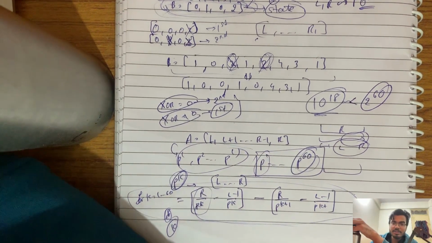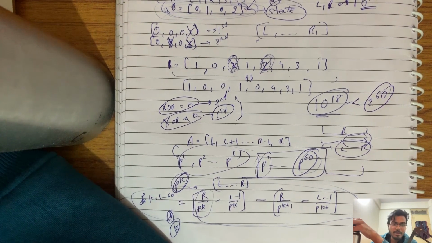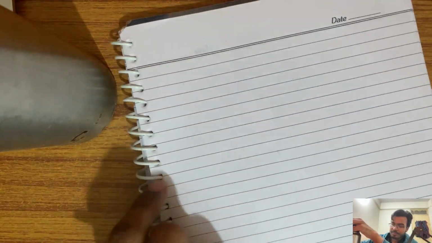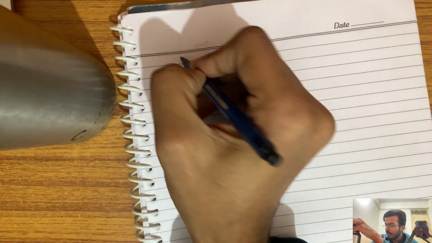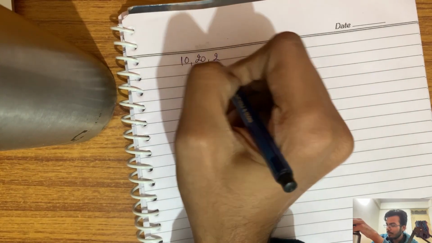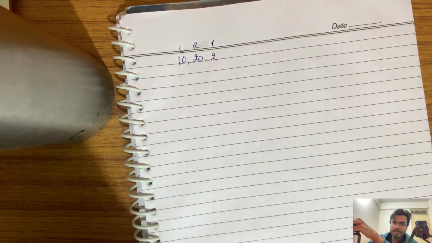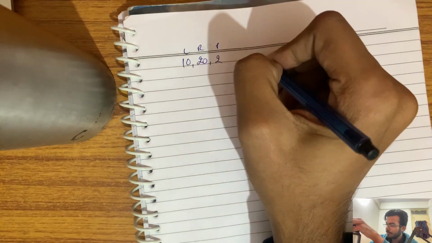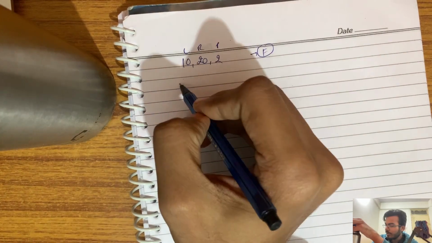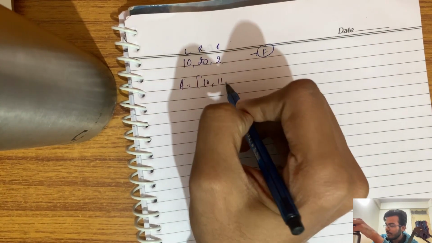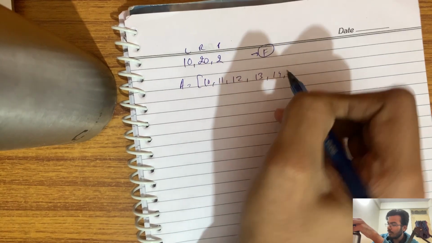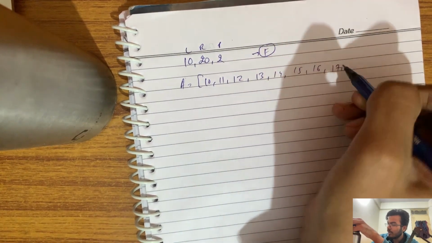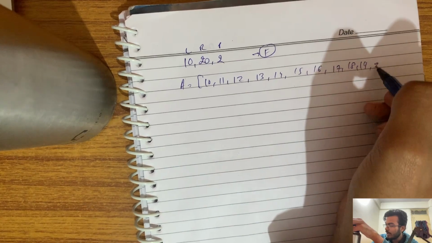I will just show you another test case, and I think you will be able to understand this. So we have 10, 20 and 2 as L, R and P, okay? And the winner of this game is the first player. Let's see how. First I am given an array A: 10, 11, 12, 13, 14, 15, 16, 17, 18, 19 and 20.